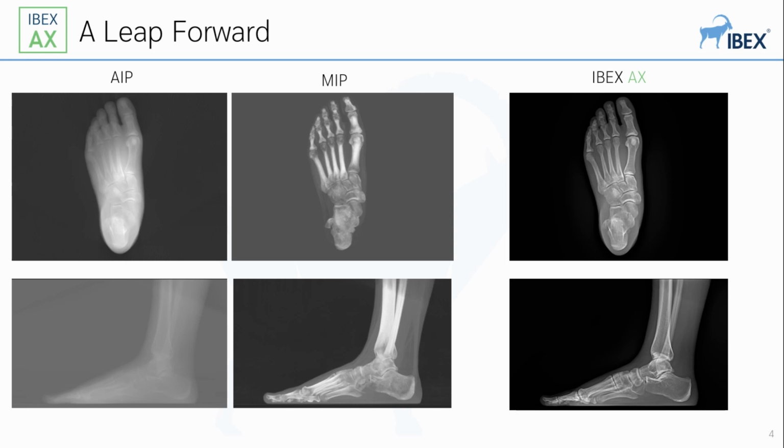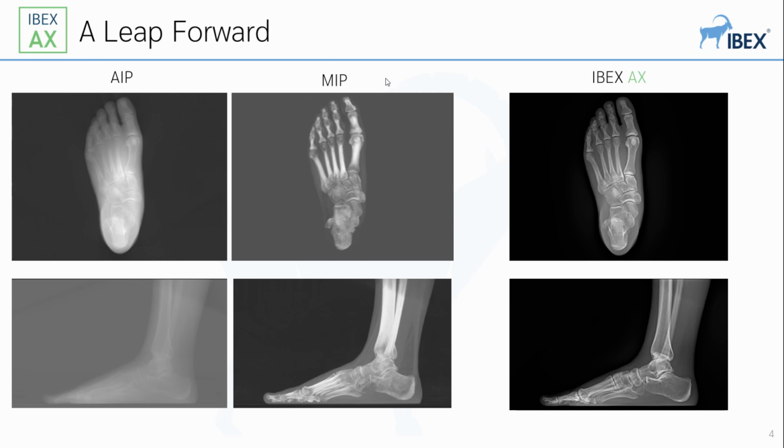We will now take a look at some basic AX results. You may be aware that similar techniques have existed for some time, with the 2 most commonly used techniques being known as average intensity projection, or AIP, and maximum intensity projection, or MIP.